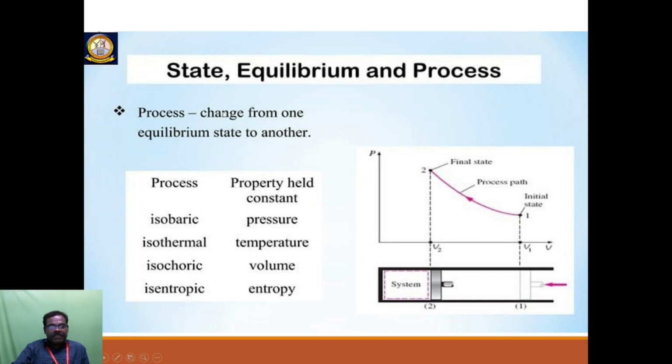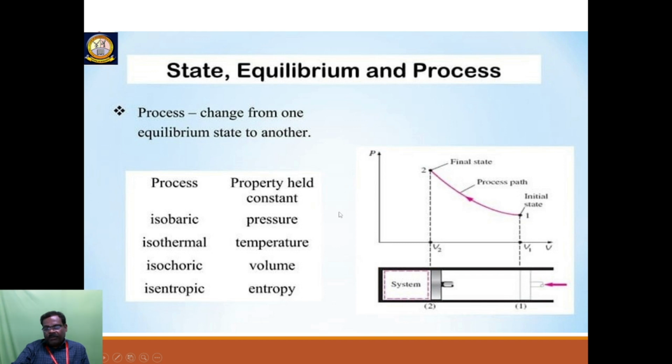So you should know what is state, what is equilibrium. Now what is process? Process means change from one equilibrium state to another. Okay, this is the process. Consider 1-2 is the process. 1 is the initial state, 2 is the final state. What about the property of state 1?